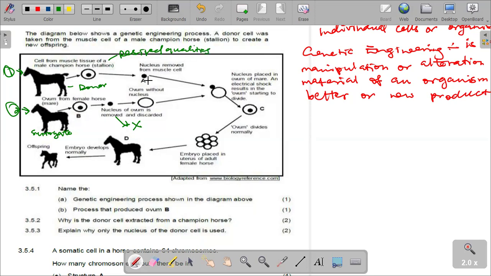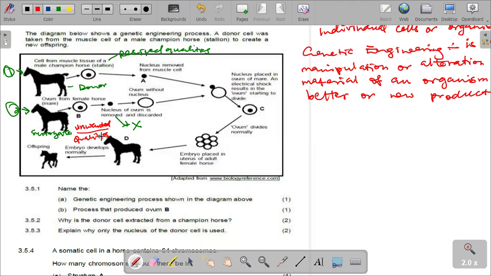The champion always has the desired qualities, and the surrogate has unwanted, undesired qualities.